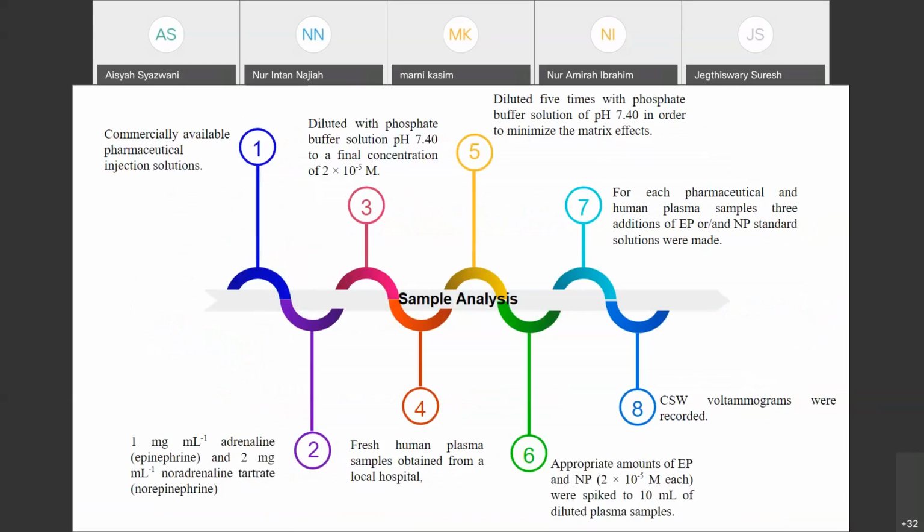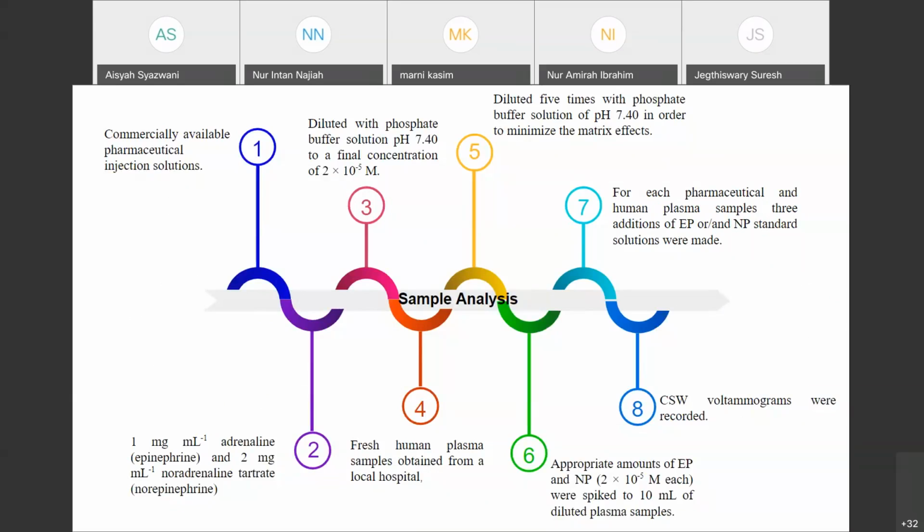Okay, for this study, the sample was prepared. The human plasma samples were obtained from a local hospital, and commercially available pharmaceutical injection solutions of EP and NP were used, where these solutions were diluted with phosphate buffer solution of pH 7.4 to a final concentration of 2 to the power of -5 molar.